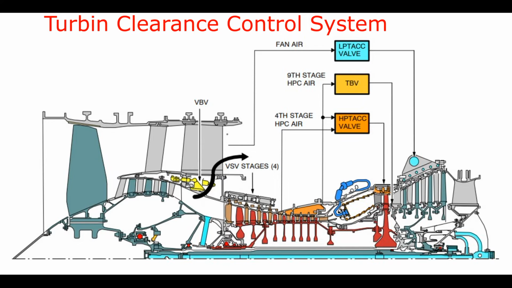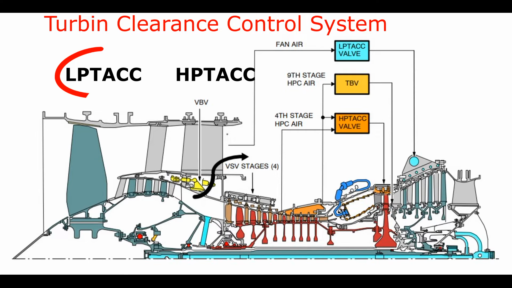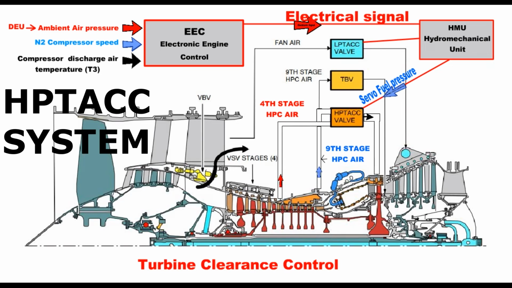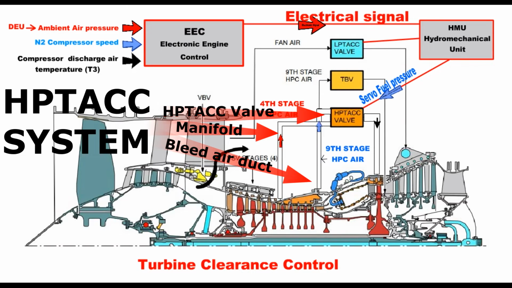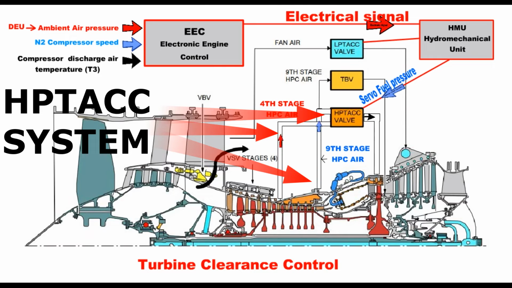While performing these tasks, the turbine clearance system uses low-pressure turbine active clearance control and high-pressure turbine active clearance control systems. Now let's get to know these systems. The high-pressure turbine active clearance control system consists of a valve, manifolds and a bleed air duct located in the 9th stage of the high-pressure compressor.